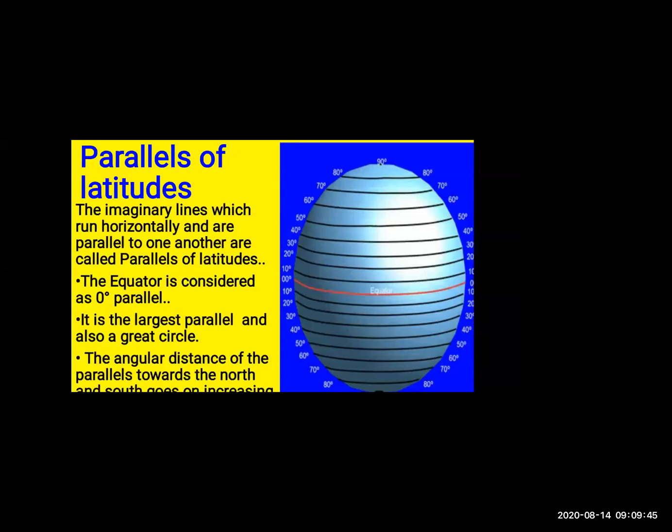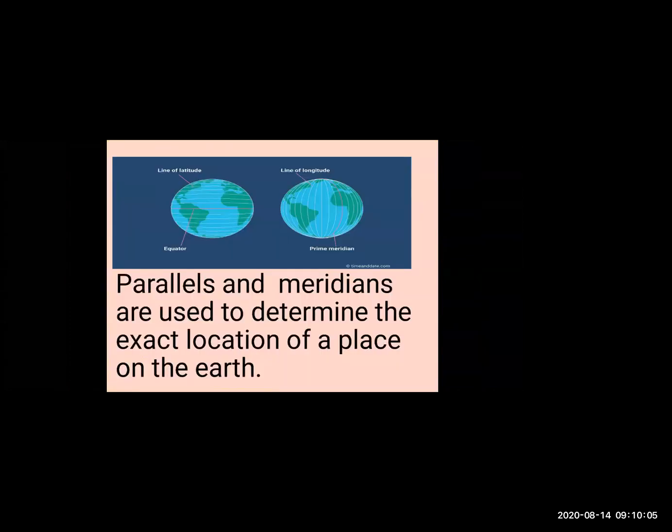And the total number of parallels including the equator is 181. The total number of meridians is 360, but the total number of parallels including the equator is 181. So why did we study these parallels and meridians?